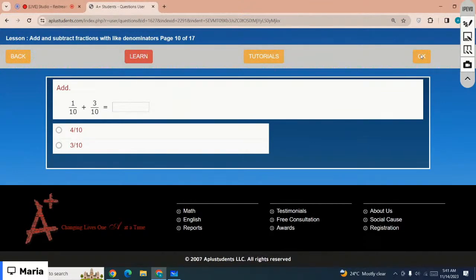Which is the correct option? The correct option is 4 over 10, right?